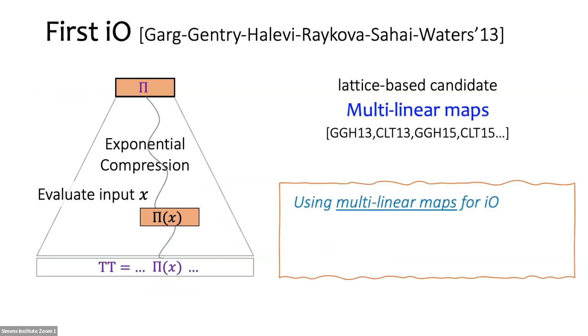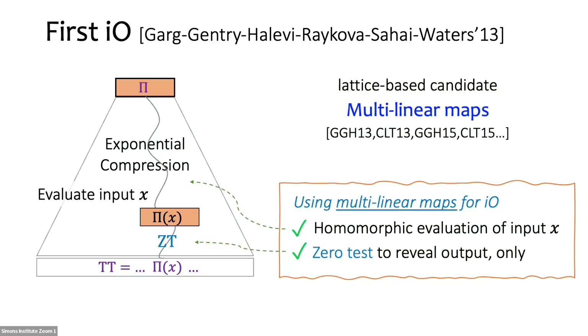Therefore, a natural approach towards IO, which was taken in the breakthrough work by Garg, Gentry, Halevi, Raykova, Sahai, and Waters in 2013, is that they gave the first IO candidate by using the first lattice-based candidate multilinear maps. The multilinear map is a really powerful generalization of the bilinear map that we have just seen. Like the bilinear map, it also supports zero testing to allow us to extract the output into the clear.